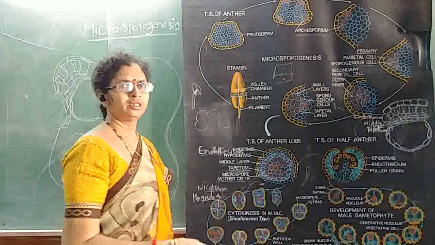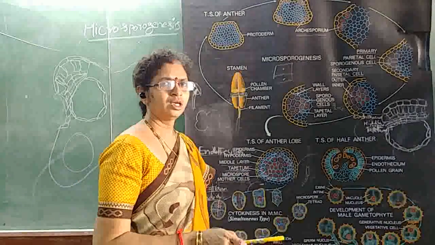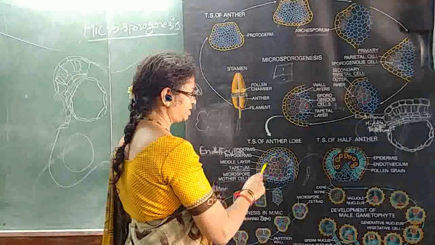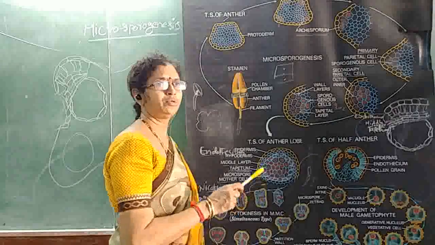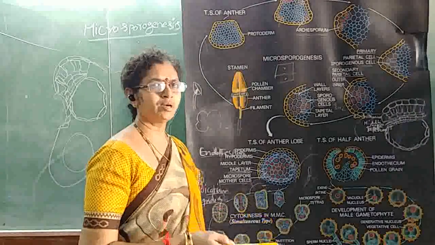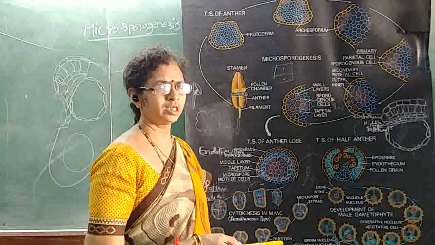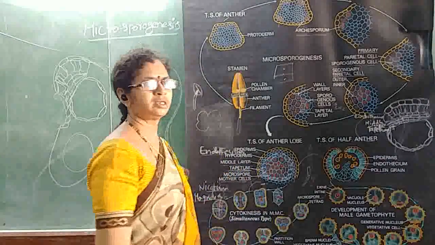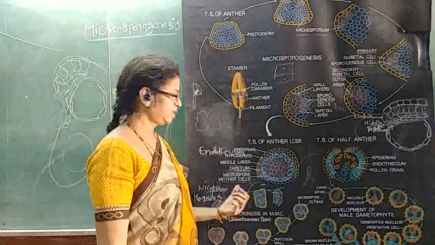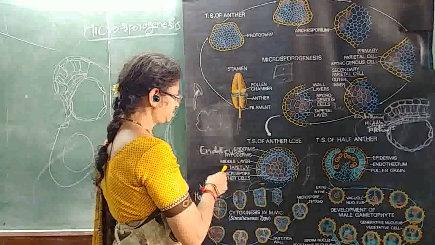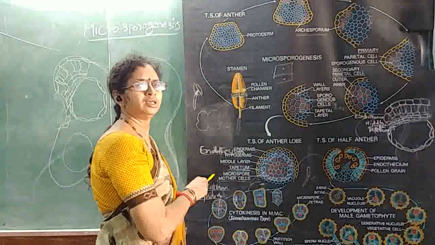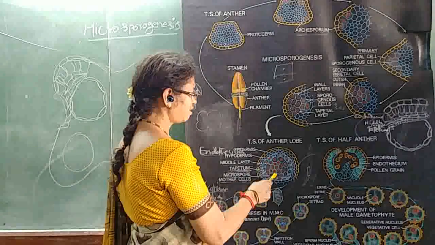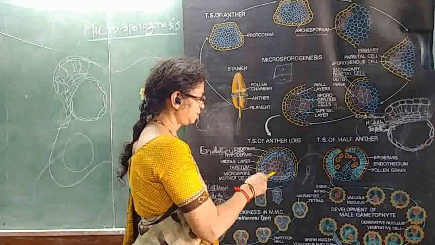That means they are intact only in early stages of the anther, that means pollen grain development, up to the meiosis or up to the pollen mother cell meiosis stage. Later, these middle layer cells perish or disintegrate. Sometimes these middle layer cells also store food materials and give nourishment to the developing pollen grains.